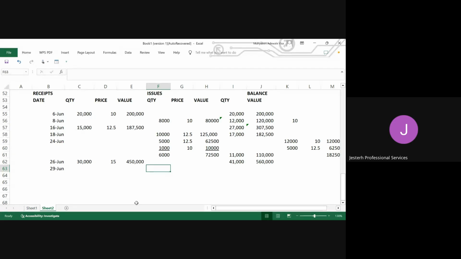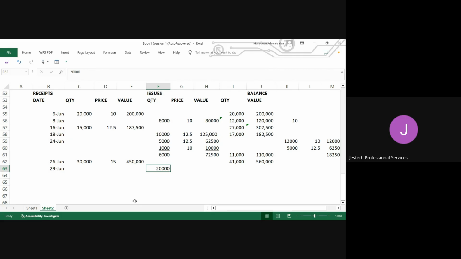Now, on the 29th, they decided to issue out 20,000. The question here is, what they brought in on the 26th, is it up to 20,000? If the answer is yes, then we issue everything out. If the answer is no, then we issue what they brought in on the 26th can cover, then we will consider the old stock to balance the total issues.